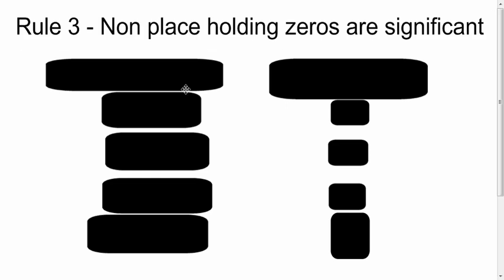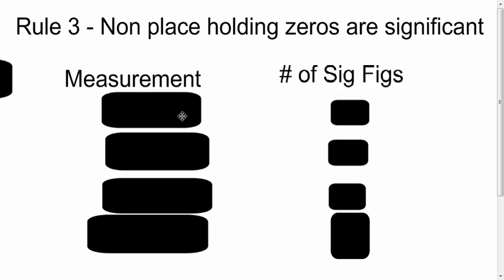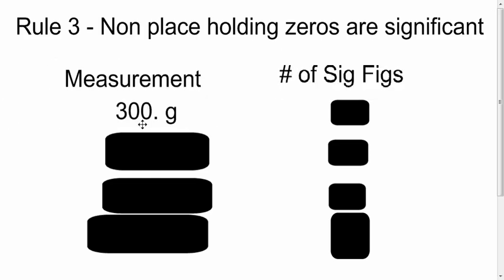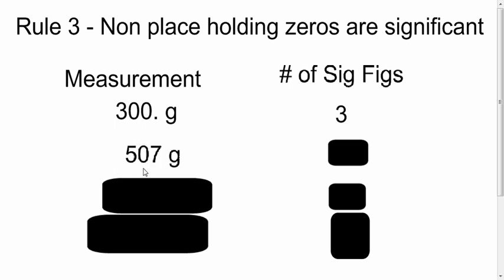Now, non-place-holding zeros are significant. Here you're going to have three significant figures, because when you write the number with the decimal, you're saying that you've measured all of the numbers. These two zeros count because they're sandwiched between two non-zero numbers, so that would be 3.